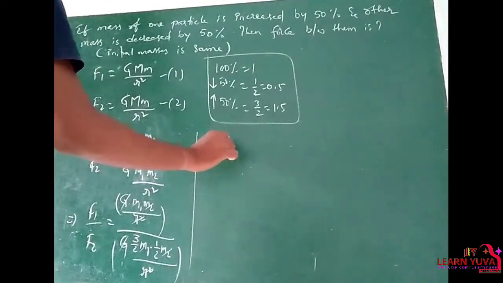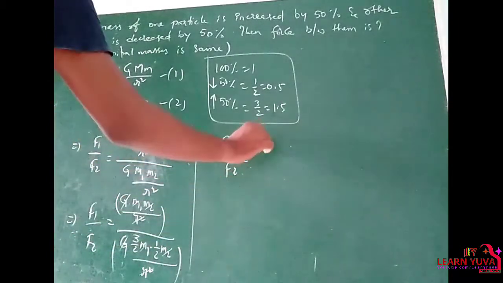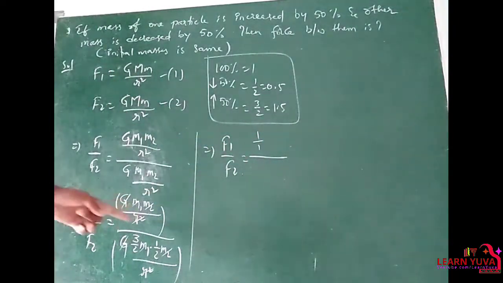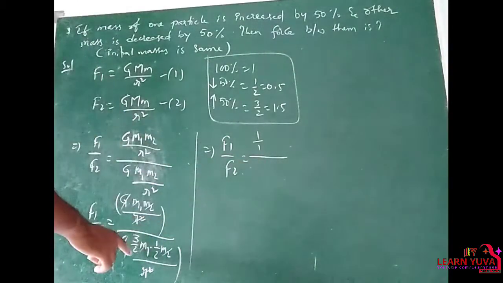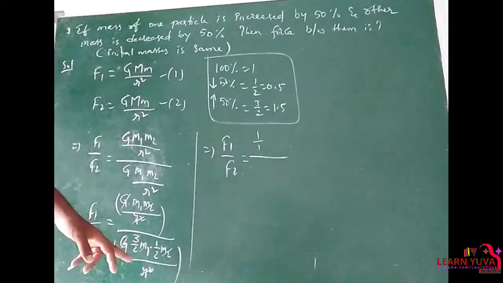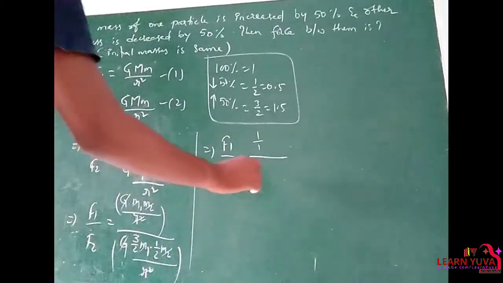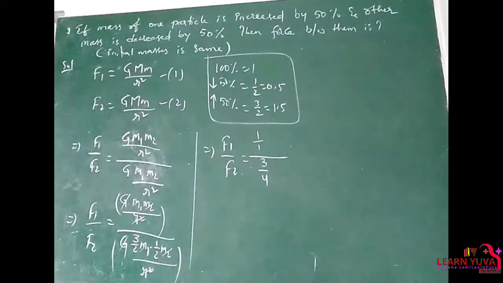That implies F1 by F2 is equal to 1 by, here nothing is there in the numerator part. So here 3 by 2 into 1 by 2 is the remaining value. So 3 by 4. That is the remaining value.